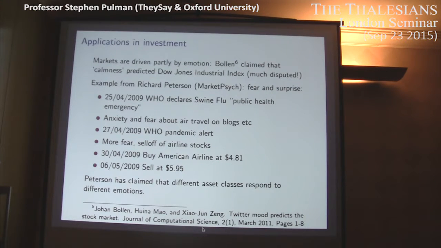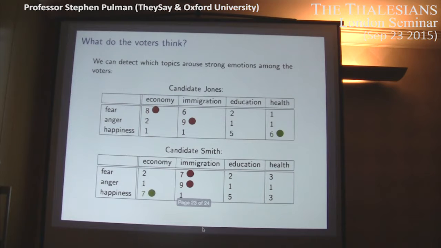This has been almost universally panned in the literature. People have complained about the methodology and nobody was able to replicate it. So, although I think their study's not so good, I think in general it is the case that people get some kind of predictive value.